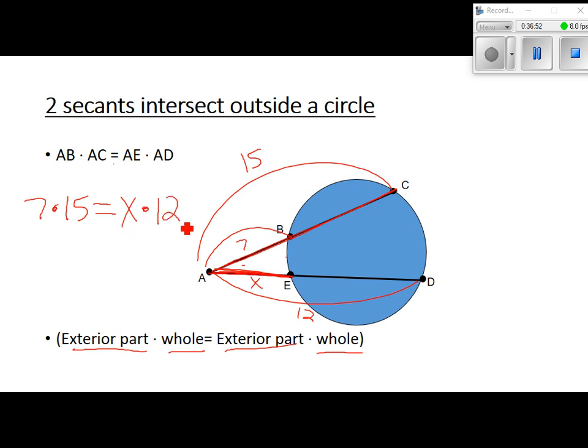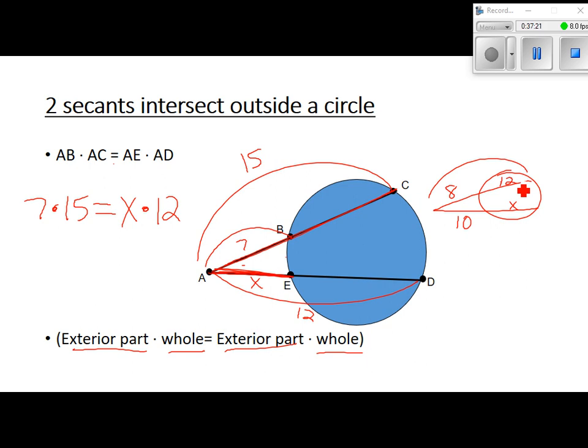And you solve that. Where it gets hard, so if you have two secants and they tell you that this part's 8, this part's 10, and they say that this part in here is x, or they might tell you just the inside part. Maybe the inside part's 12 or something, who knows, doesn't matter.